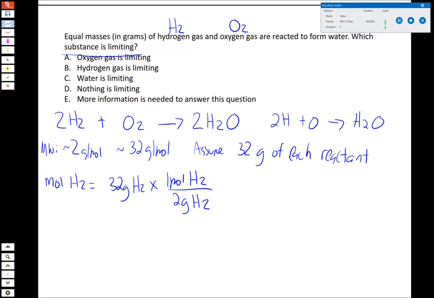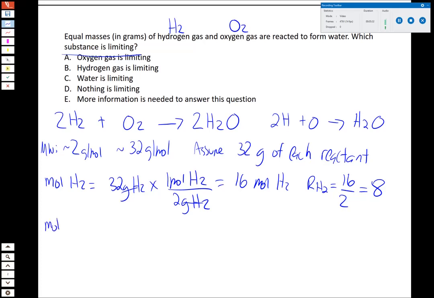We don't really need to be in this problem because we're not calculating anything. So we get 16 moles of hydrogen, but then remember, to figure out if it's a limiting reactant or not, we calculate what's called the stoichiometric ratio, or at least this is the way that I prefer to do it. So we take that number 16 and we divide it by the coefficient, which is 2, and we get 8. So the stoichiometric ratio for hydrogen, if we're assuming 32 grams, is 8.